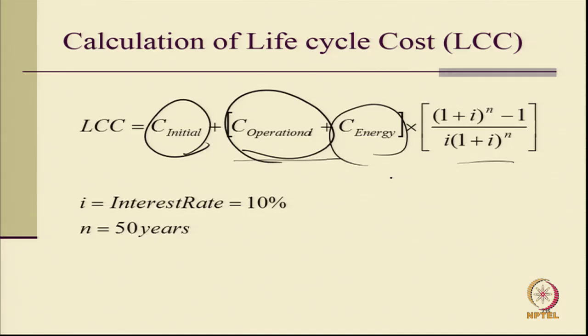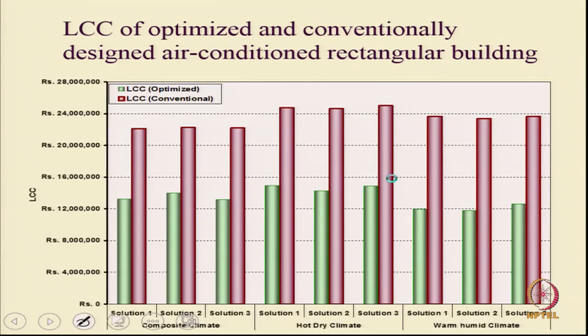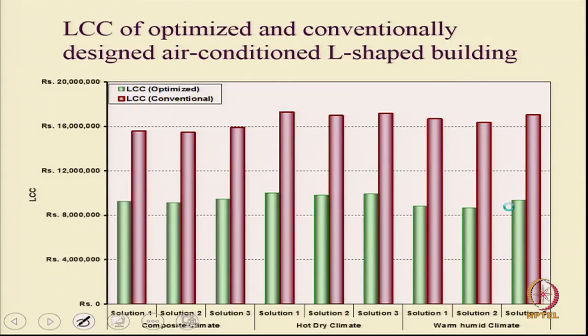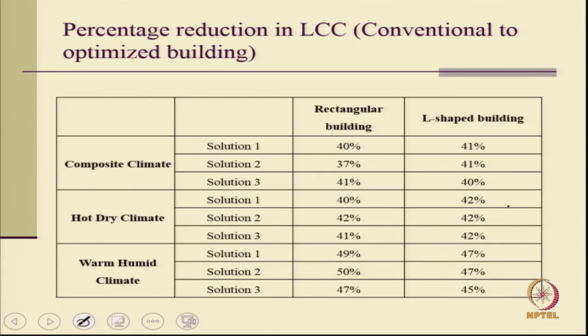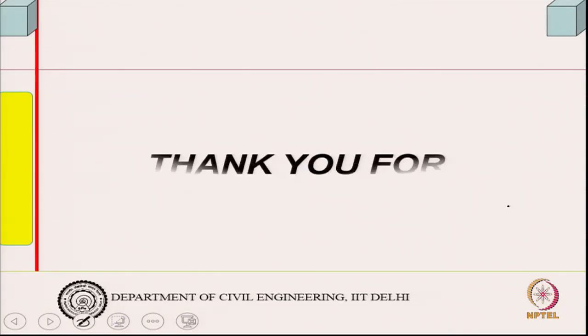That would show that, cost wise, life cycle cost wise, the optimized one will have much less life cycle cost, considering operational energy and energy cost. So, this is what it is for the L shaped building. For conventional and optimized, there will be savings in energy.